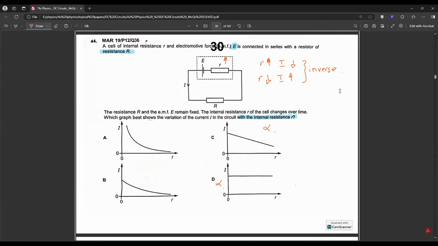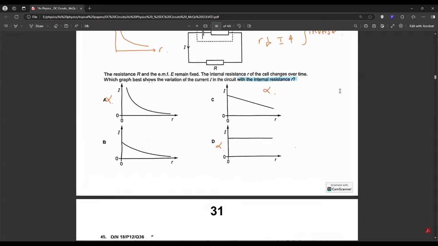For an inverse relationship, you have a graph that is a downward sloping curve touching neither of the axes. However, in this scenario, option A will also be incorrect. Why?